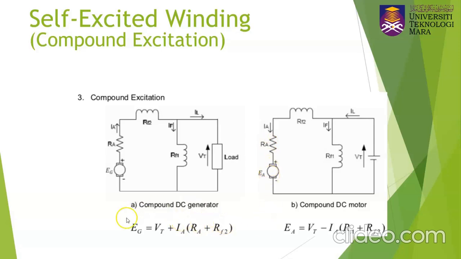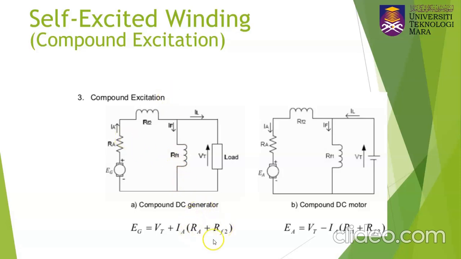For the equation for the compound DC generator, we apply KVL from this point up to this point. If we apply the KVL, EG will be equal to VT plus IA multiplied with RA plus RF2. Bear in mind the equation wouldn't have RF1, because RF1 is located at the shunt location.